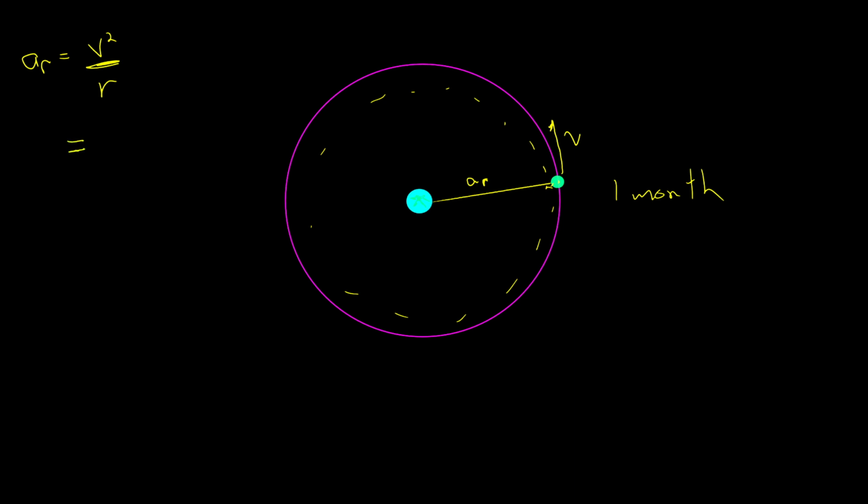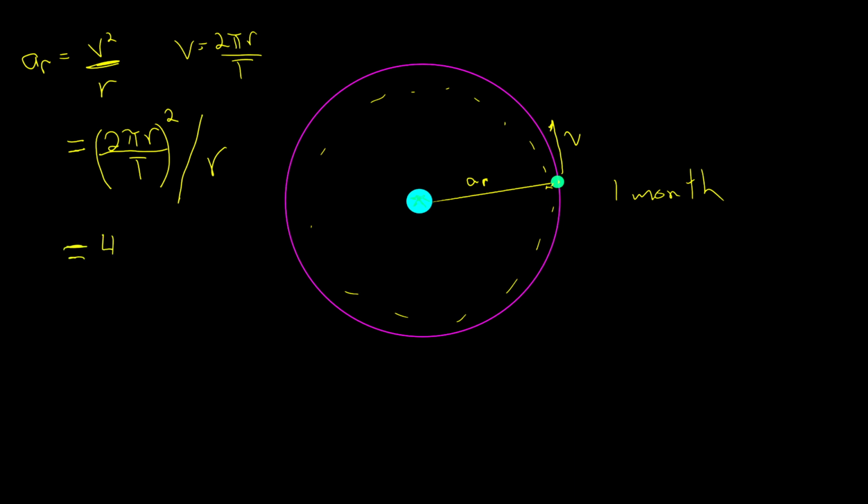And so what I'm going to do is, that velocity is the same as 2 pi r over the period, squared. Because if v equals 2 pi r over the period, I'll replace v there, and then I just have to divide this whole thing by r. And we're going to get something that pops out a lot in astronomy.